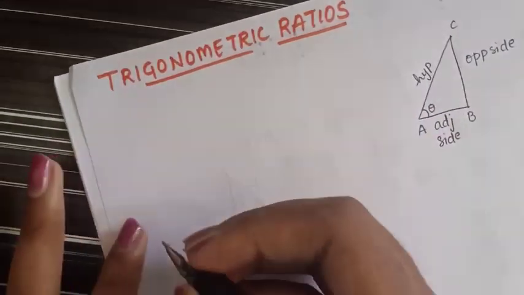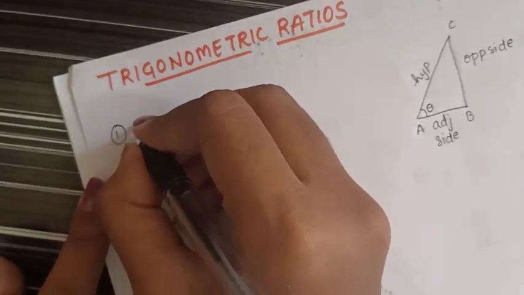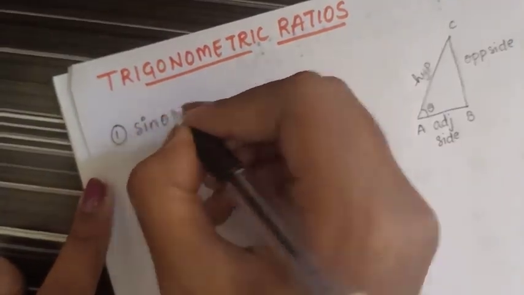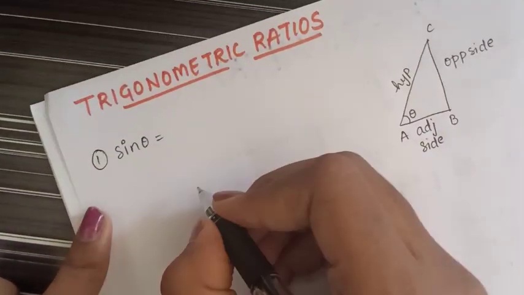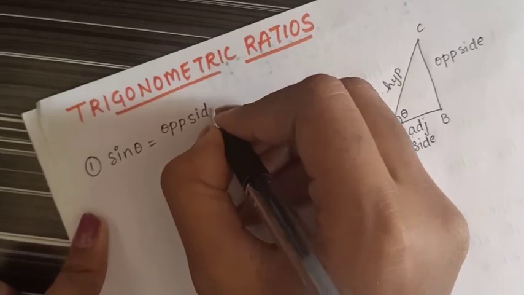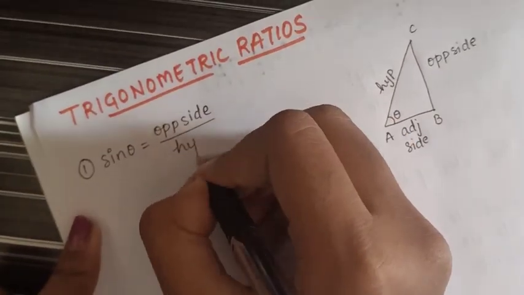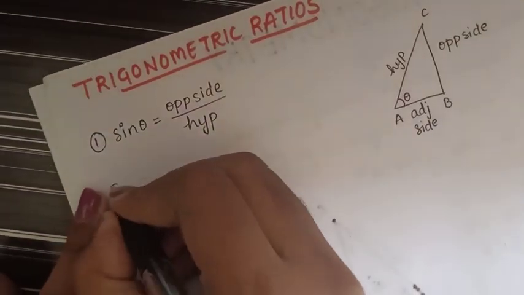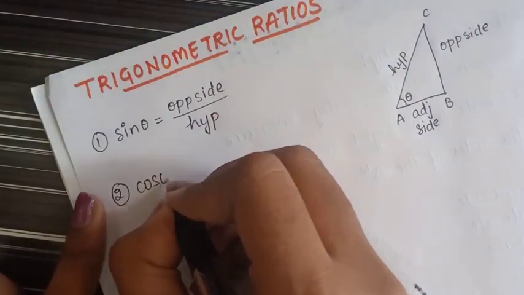The first trigonometric ratio is sine theta. Sine theta is the ratio of opposite side to hypotenuse.